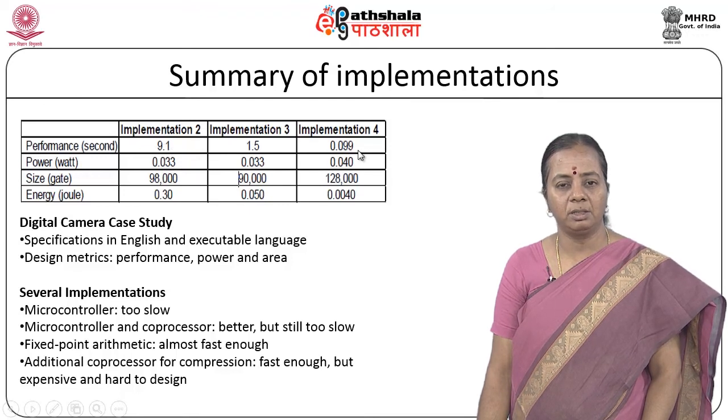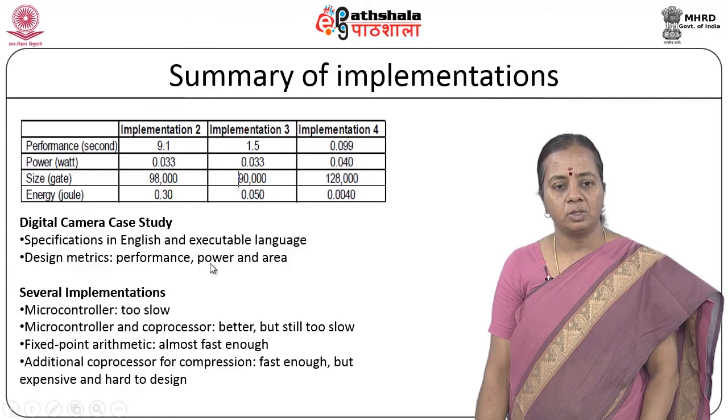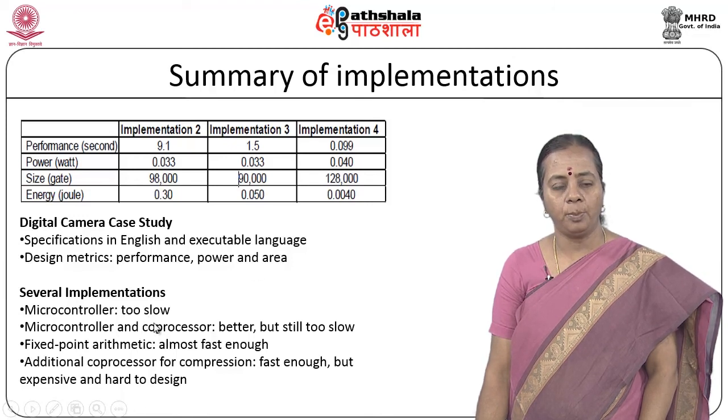When each and every process is done with its own processor and everything is attached together, it takes only 0.099 seconds. So, I will say that only the microcontroller, if I am using it, is too slow. But with the co-processors, these things have been implemented with so many co-processors, which gives you a better result, but still too slow.